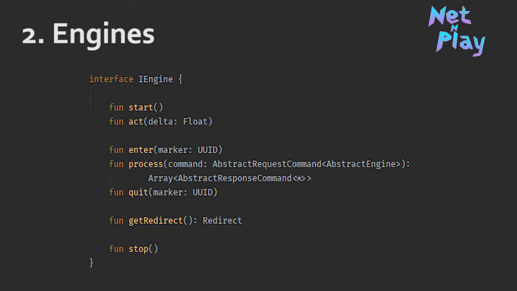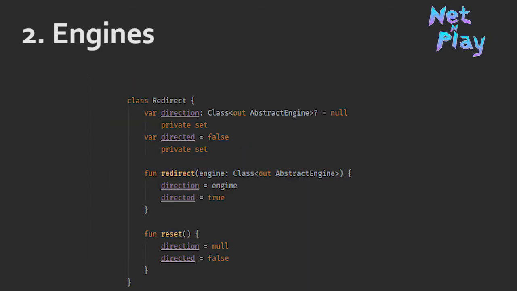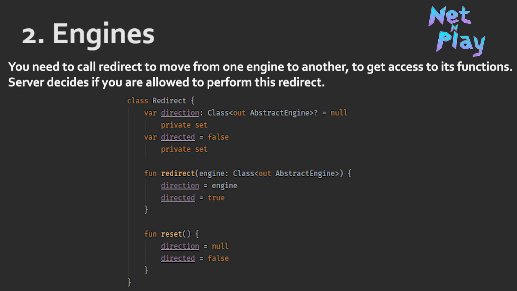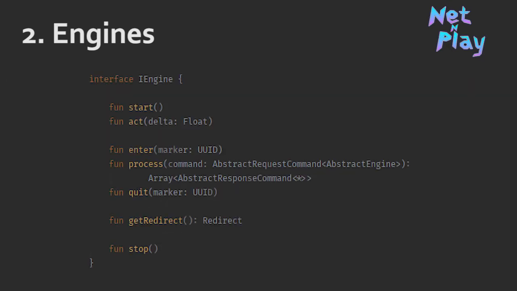Engine is a part of the server side in Net and Play, which acts as a sandbox for client code execution, and as a way to divide your server into zones with different access rights and functionality, so that you can easily define access rights for a client. And, speaking of access rights, there is a special method inside of the engine class that lets you ask to be rerouted.